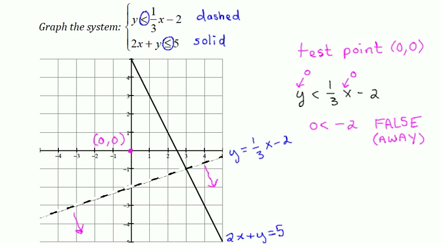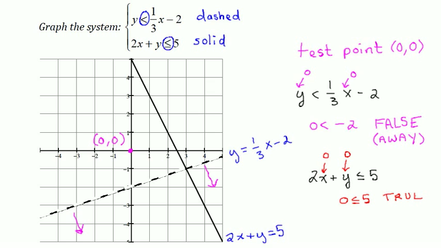Now I'm going to go to the second inequality, 2x plus y is less than or equal to 5. I'm going to use the same test point 0, 0, because I can use any point that's not on the line. As long as the line doesn't pass through the origin, this is the easiest one. This gives me the statement 0 is less than or equal to 5, which is true.